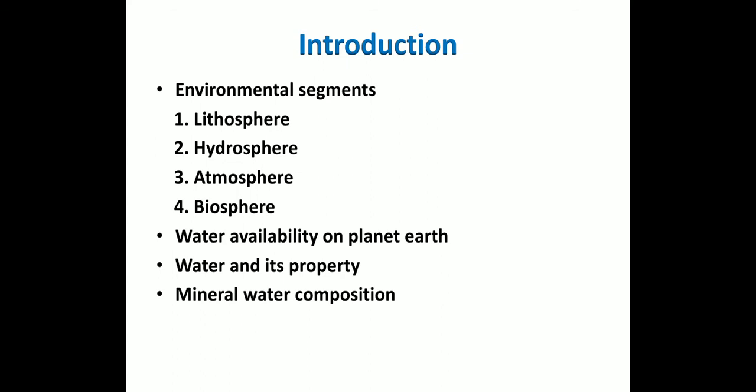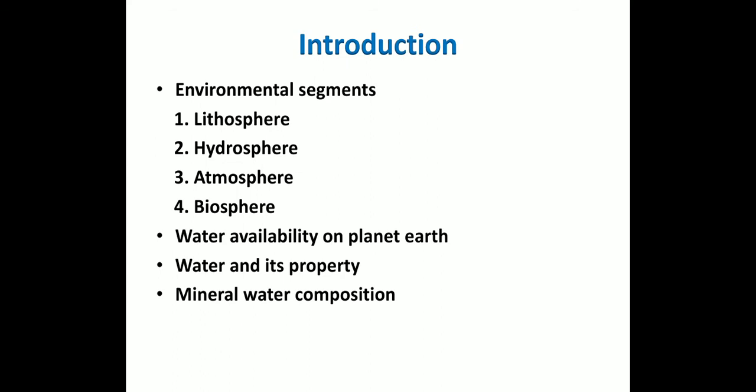So first of all, by hydrosphere we have discussed water availability on planet Earth. Then we have discussed water and its property, means chemical composition and its property, its nature. We have discussed in detail, and then we have discussed mineral water compositions.